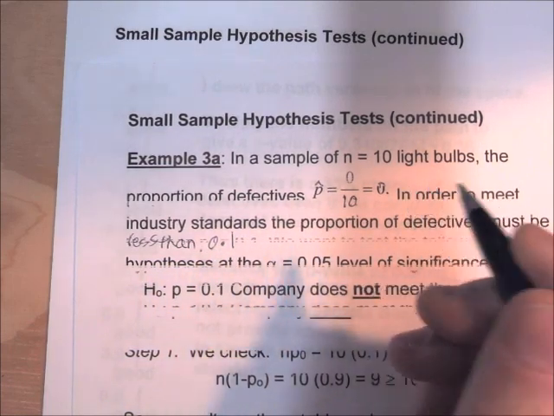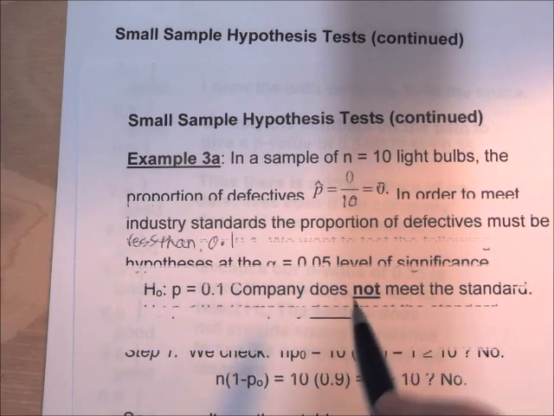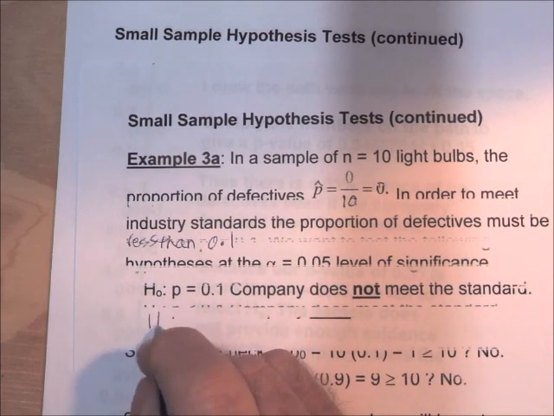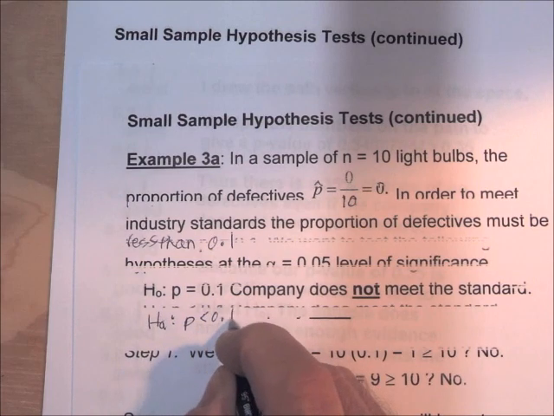Okay, so the hypotheses will have H0: p is equal to 0.1, the company does not meet the standards, versus HA: p is less than 0.1, the company does meet the standards.